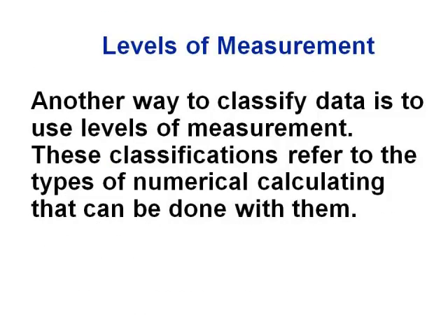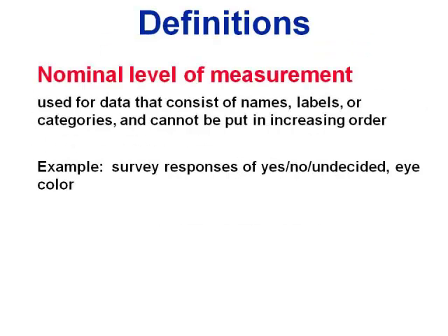Another way that we can classify quantitative data values is by the level of measurement, which talks about what sorts of calculations are possible on the data that we've collected. The first level of measurement is nominal. These are things that are categorical or qualitative, so no mathematical calculation can be done on these.